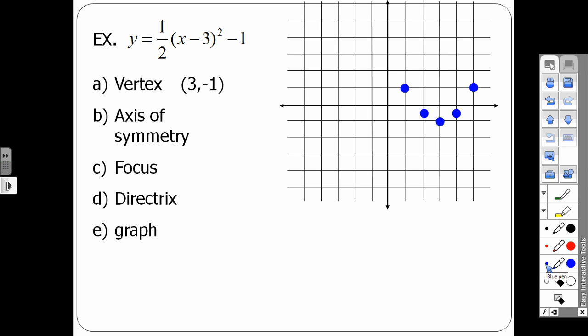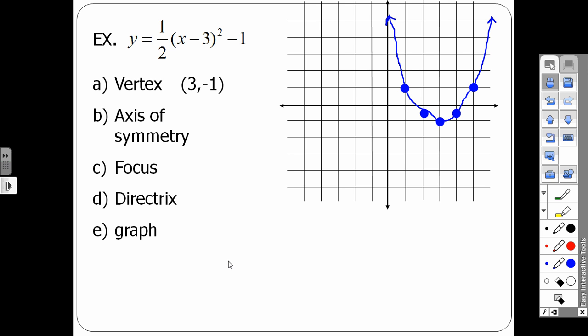I'll go ahead and try to do my best to graph it. Okay, that actually turned out better than I thought it would be. So there's our parabola.